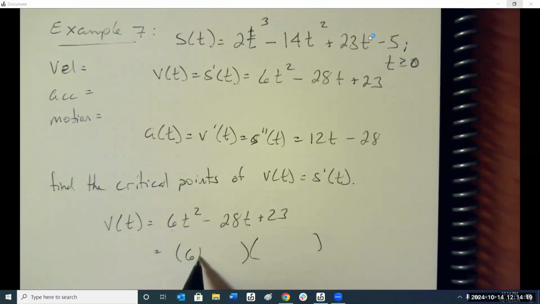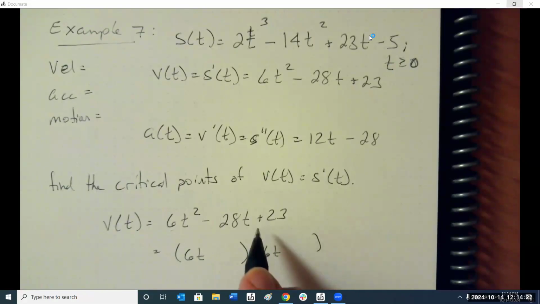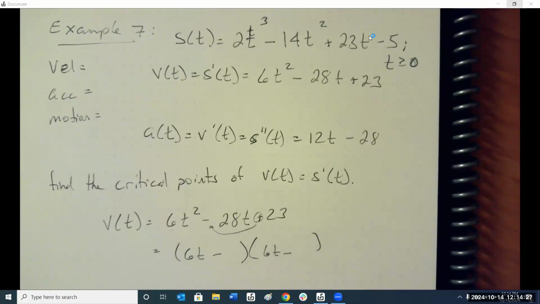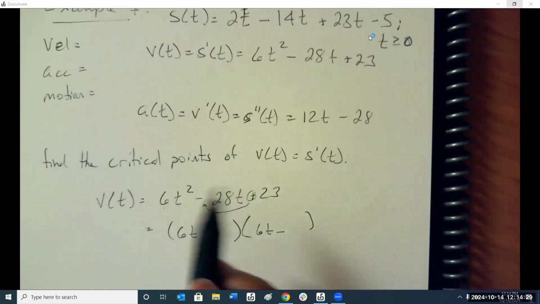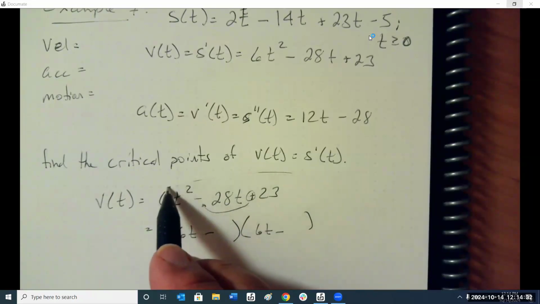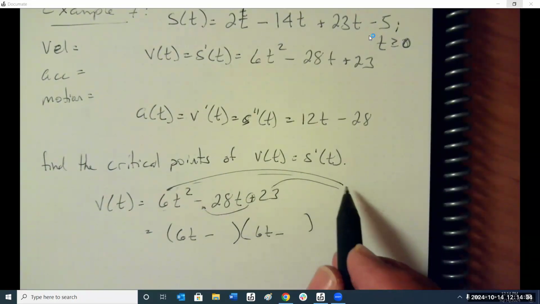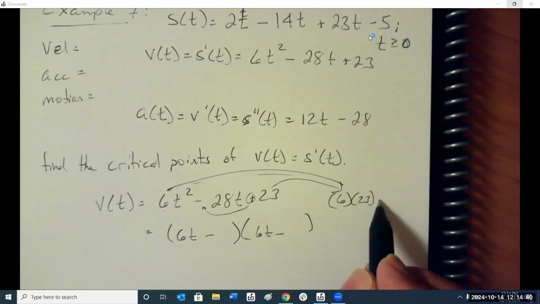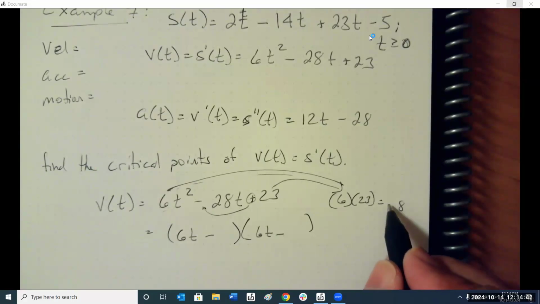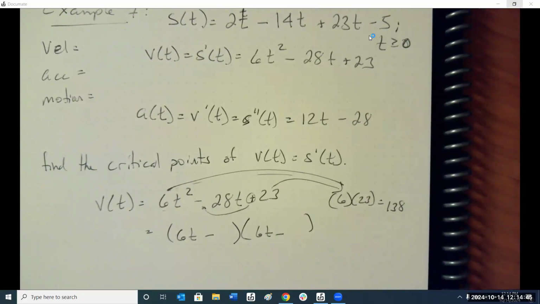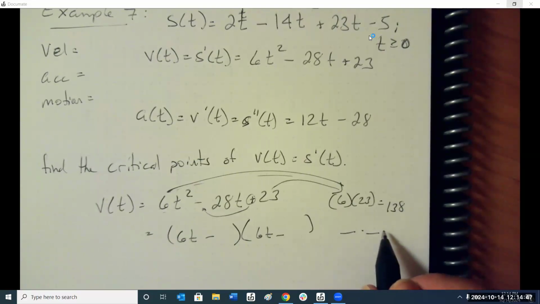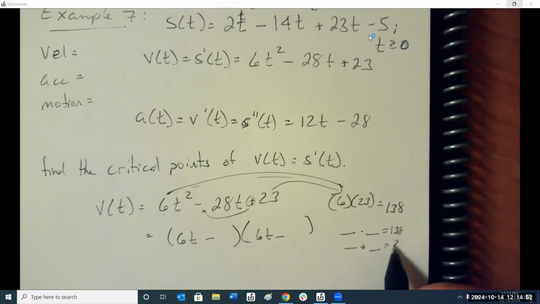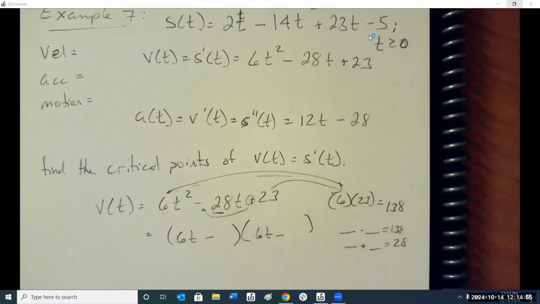So it takes 6t, 6t. The second sign's a plus, they're both the same. Now, take the first term and the last term. 6 times 23 equals 138. What times what is 138? When you add them, you get the middle term, 28.